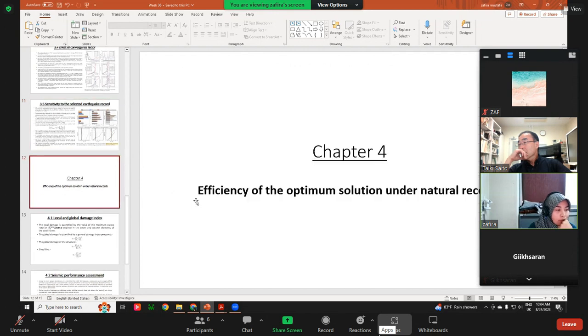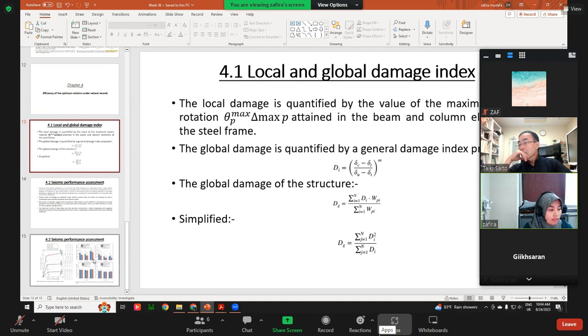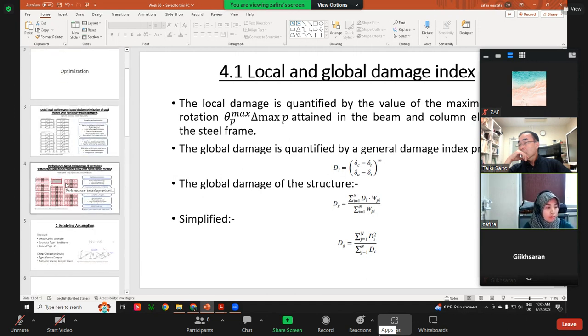Chapter 4 is optimizing solutions under natural records, and he used the local and global damage index. In Seratd, we automatically calculate the damage index from the data output, but here it used this formula to calculate the damage index. I haven't finished studying the other chapters.